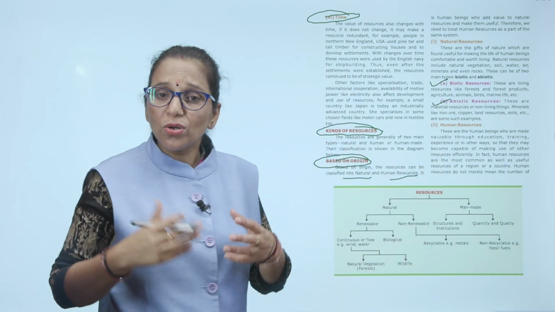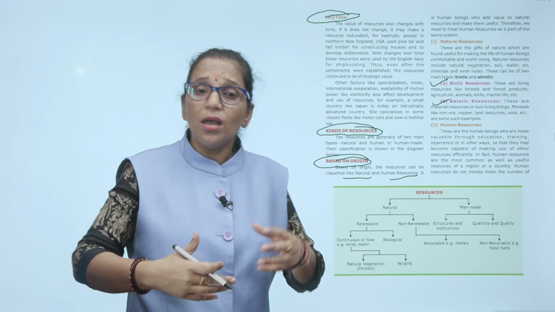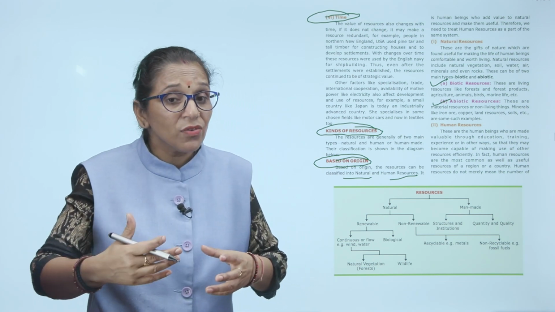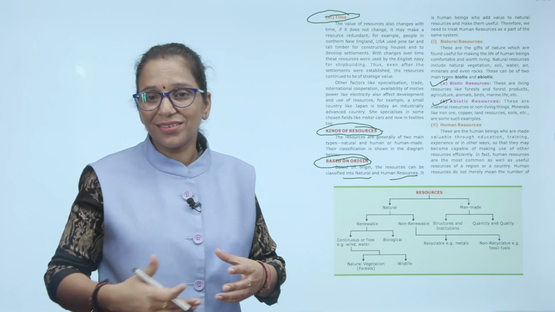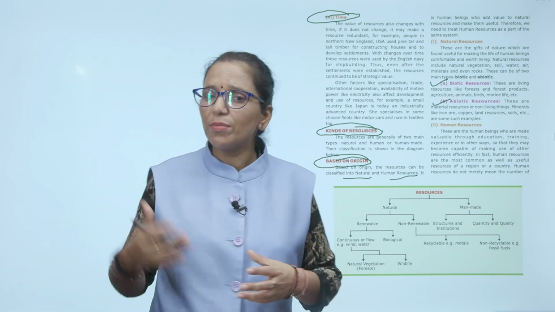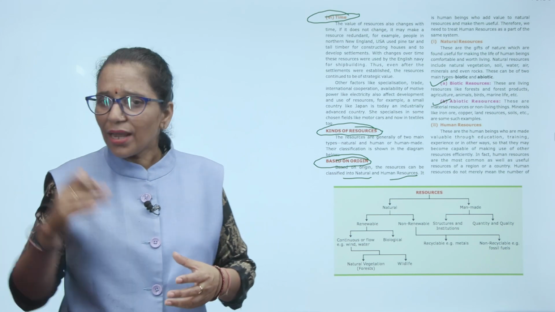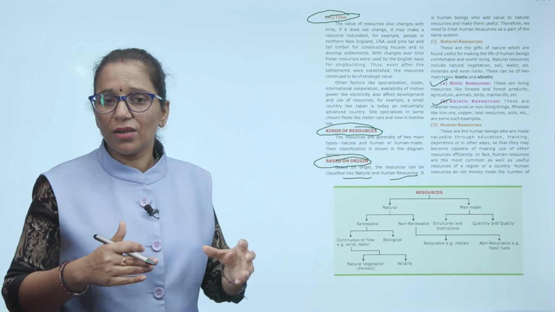Biotic resources means those resources which have their origin or birth from the bio, meaning from living things, like forest products, agriculture, animals, birds, flora, fauna, marine life, etc. That is biotic resources.